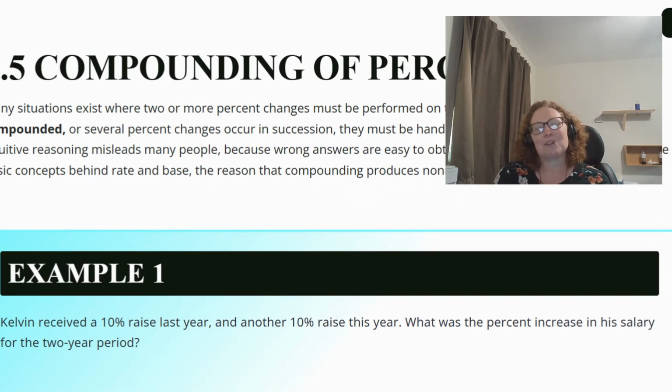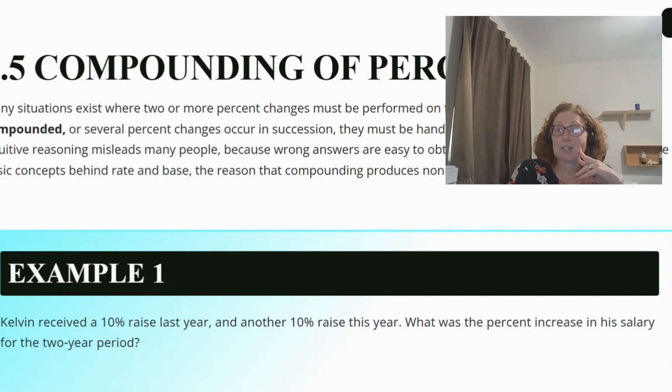We might think for compounding that we would just say, for example, in example one, Calvin received a 10% raise last year and another 10% raise this year. What is the percent increase in his salary for the 2-year period?